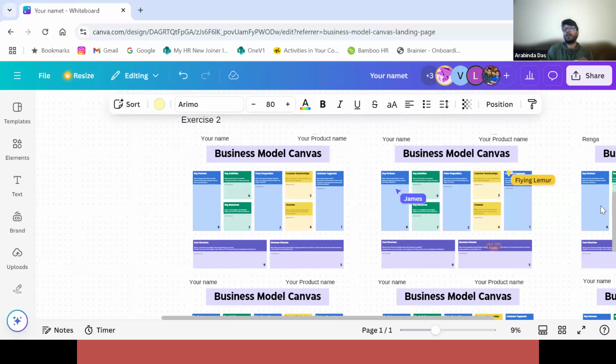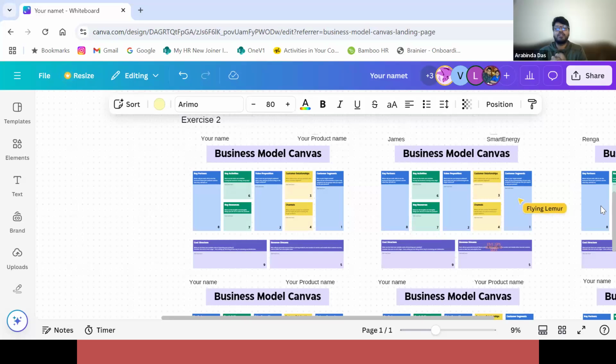So break it down. Try to think what your customer segments can be, your relationships can be, and channels can be, the key features, revenue stream, cost structure, everything. Just keep those things in mind and try to fill those sections with your own thinking, what you think your business model canvas should look like.